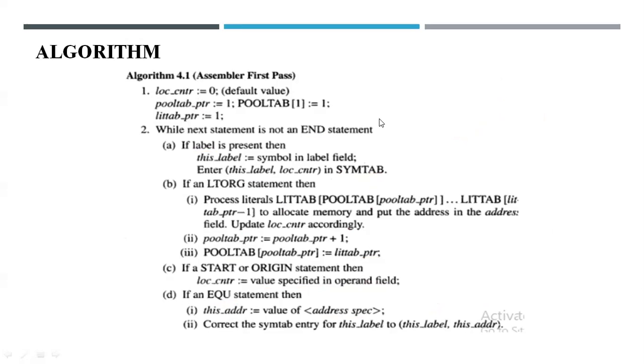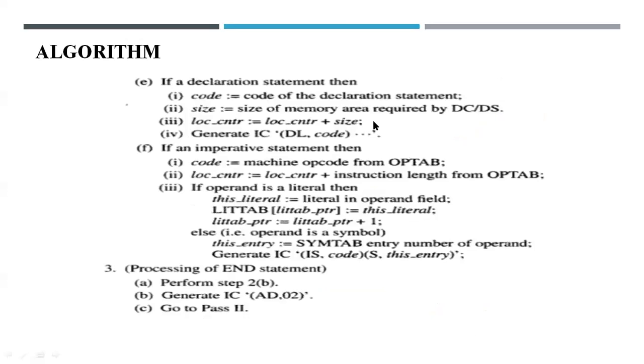So let us go to the next. E. If a declaration statement, then what is to be done? The code of the declaration statement will come, and the size of the memory area required by DC or DS. Keep in mind, DC, declare constant, always needs size 1, and DS needs whatever storage capacity is given.